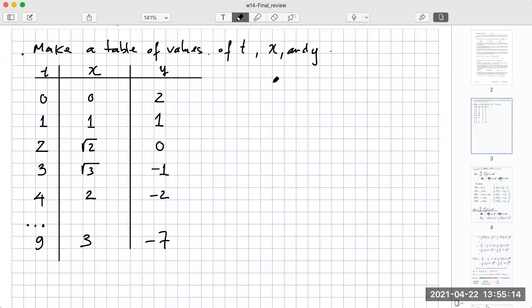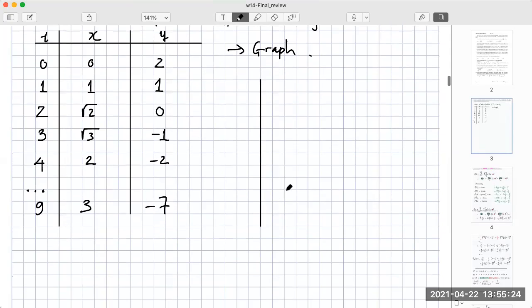It means that, okay, let us graph it here. If here is the graph, then x will be from 0 to 3, and y will be from 2. Let's say this is 2, and here is 0, and 1 unit will be 1 square.